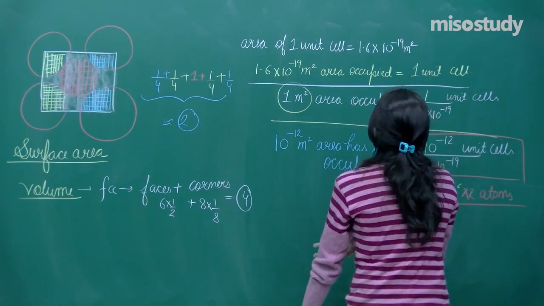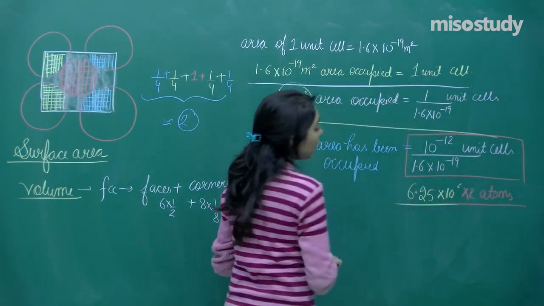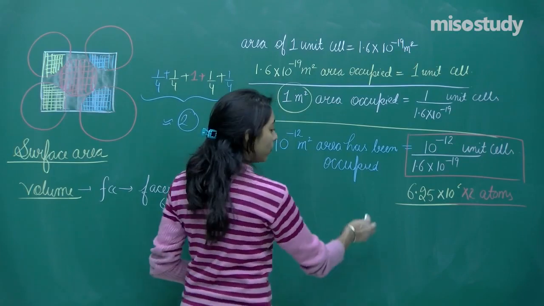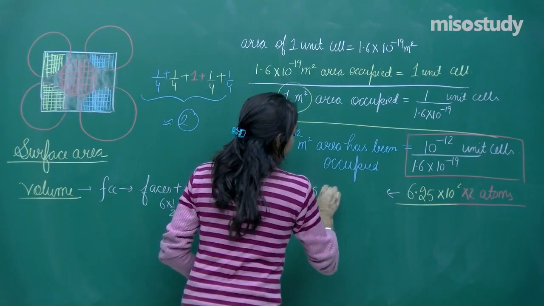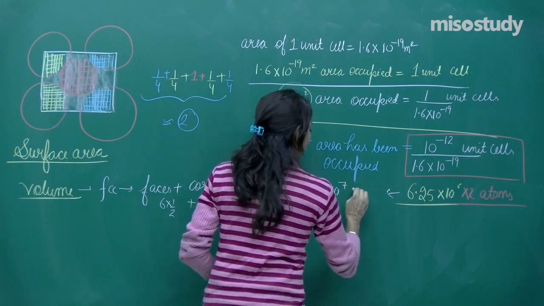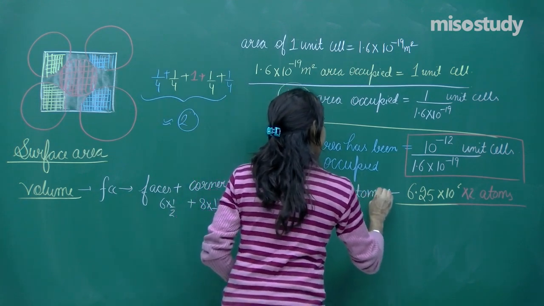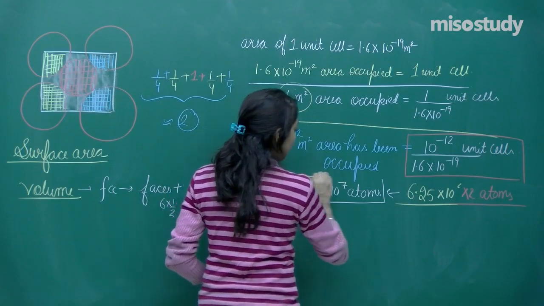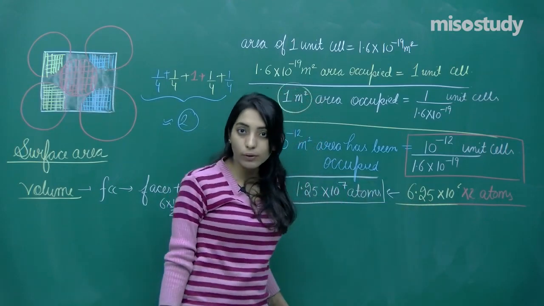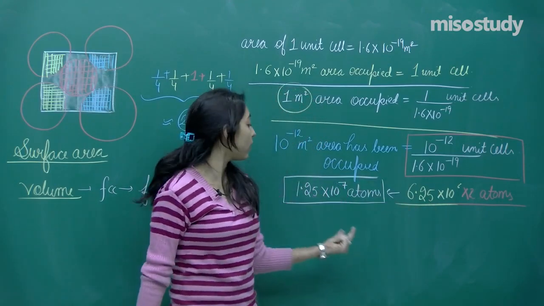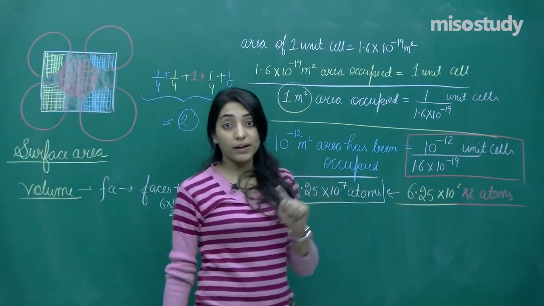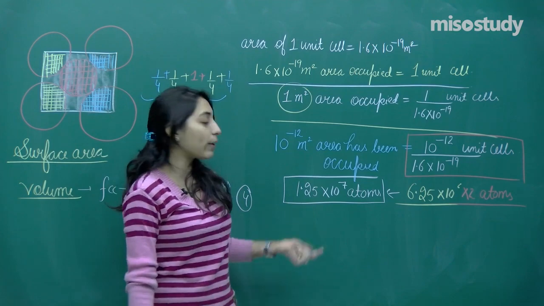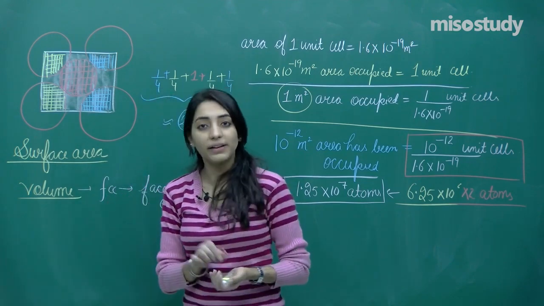Once I multiply it with 2, you will finally end up getting the value 1.25 into 10 raised to the power 7 atoms. I have written it in scientific notation. It should be 12.5, right? Because 6.25 into 2 is 12.5. But write it in scientific notation, which is 1.25 into 10 raised to the power 7, right?